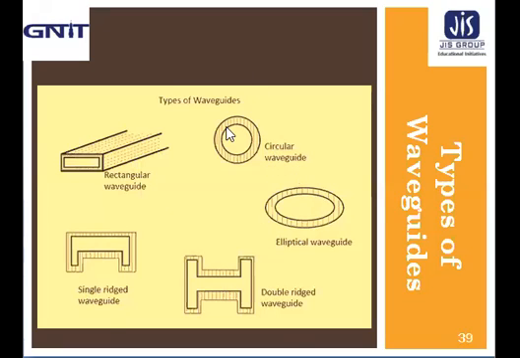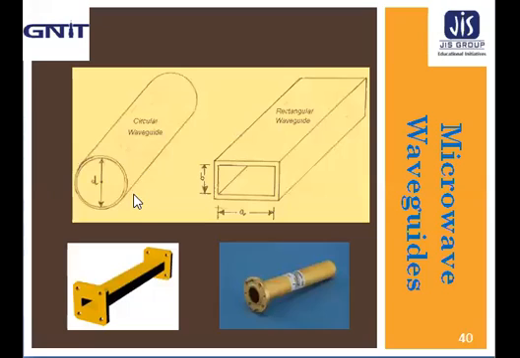Now, in this picture you can see this is a rectangular waveguide with dimensions a and b, and this is a circular waveguide with diameter d, and this is a picture of a circular waveguide, and that is the picture of a rectangular waveguide.